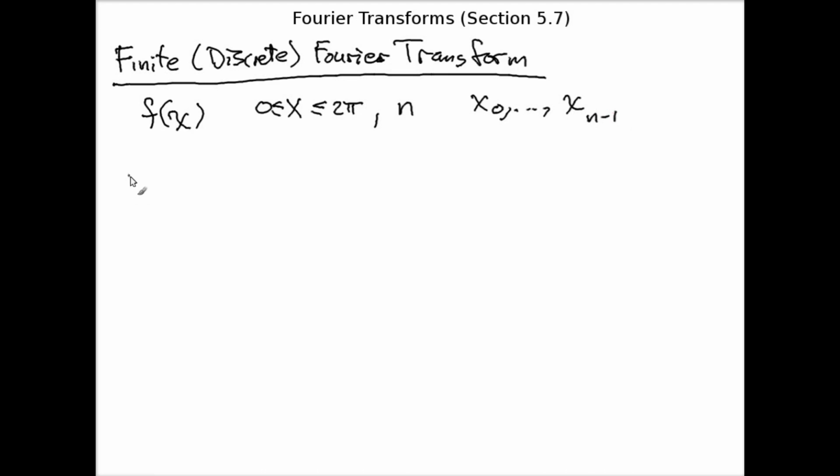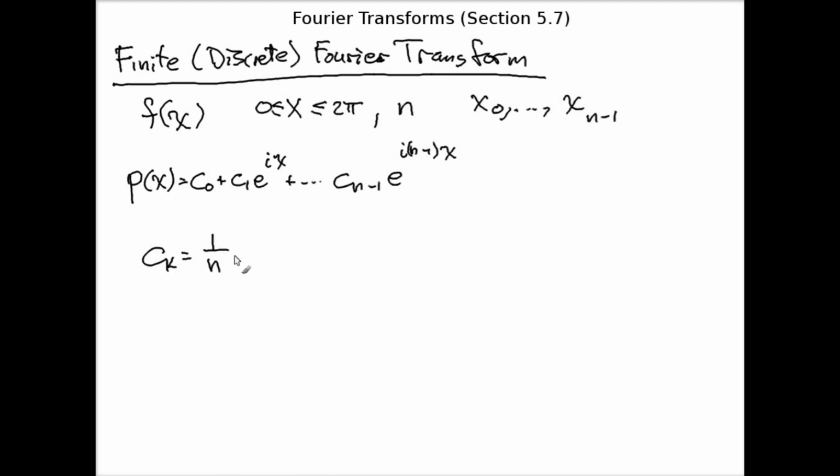And we define this function p of x equal to c_0 plus c_1 e to the i x plus dot dot dot c_{n-1} e to the i (n minus 1) x, where c_k is given by this formula: 1 over n, summation j running from 0 to n minus 1, zeta_n to the minus k times j, where zeta_n is equal to e to the 2 pi i over n.